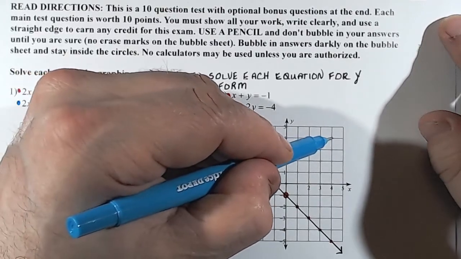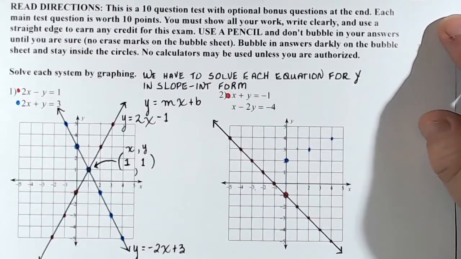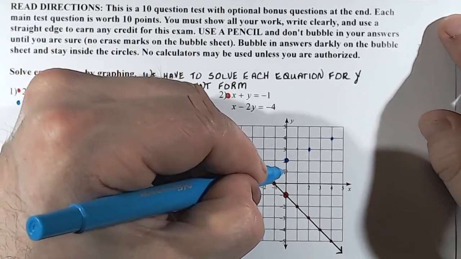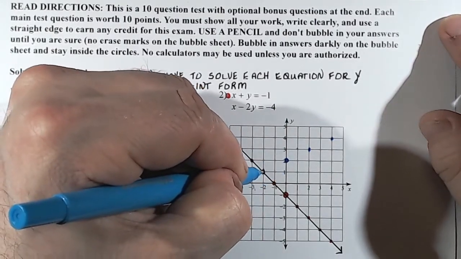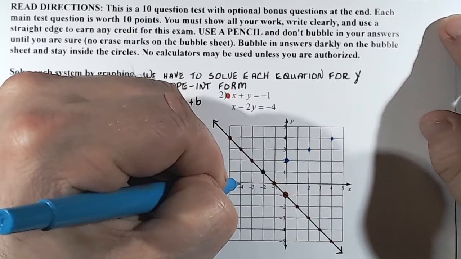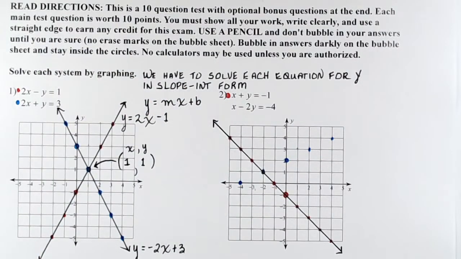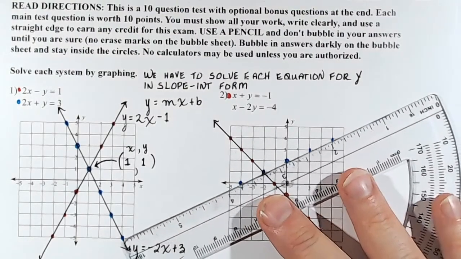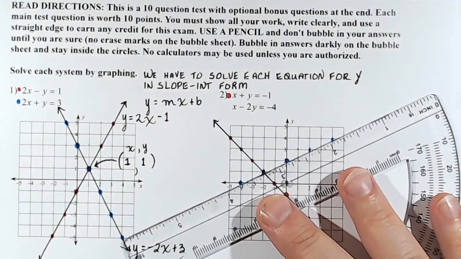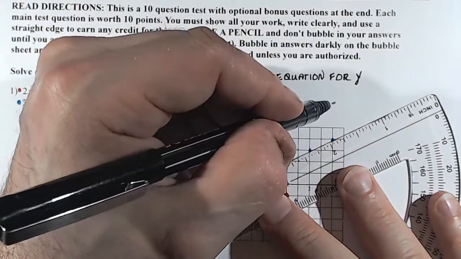I can plot in points. I can also go in reverse, down 1 over 2 to the left, just like that. And I can connect those dots with a line, just like this.